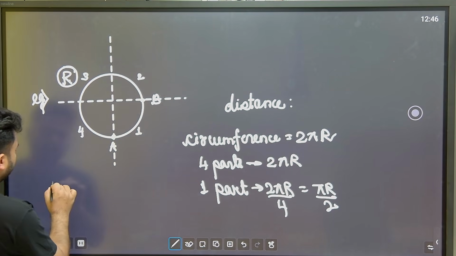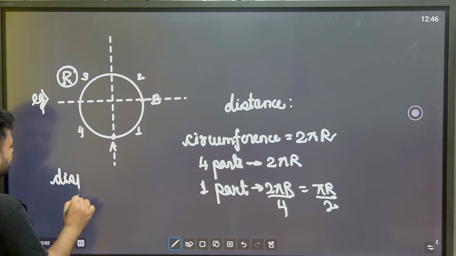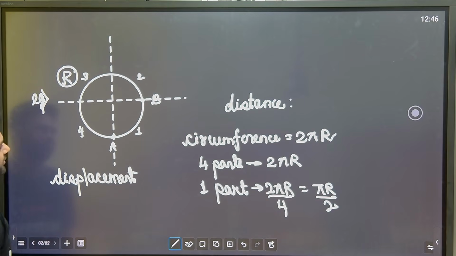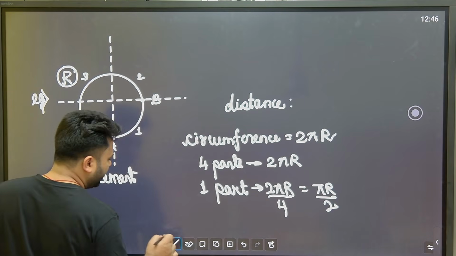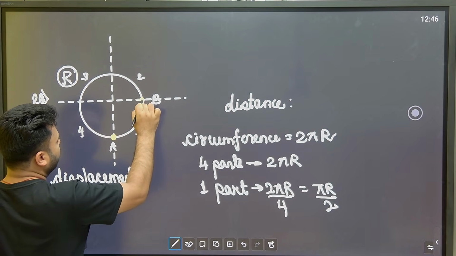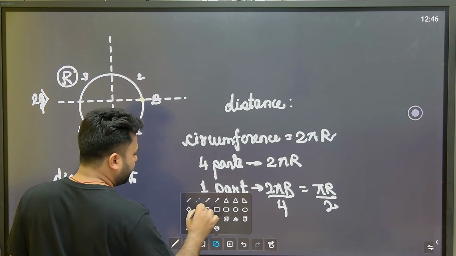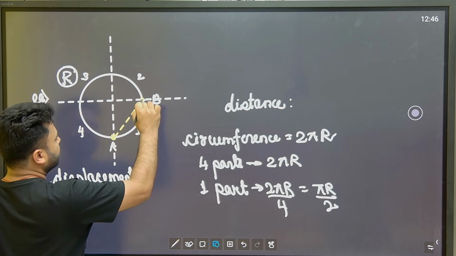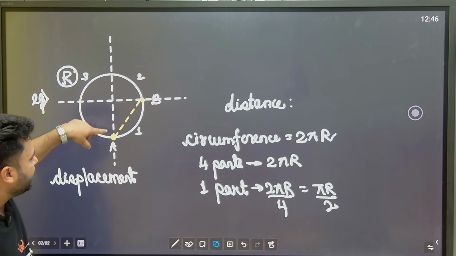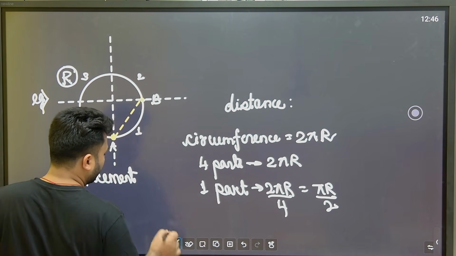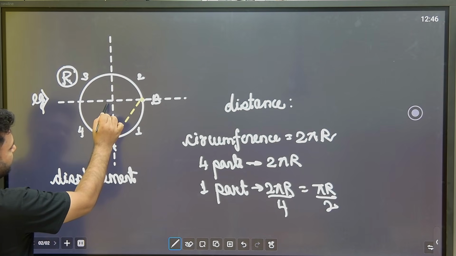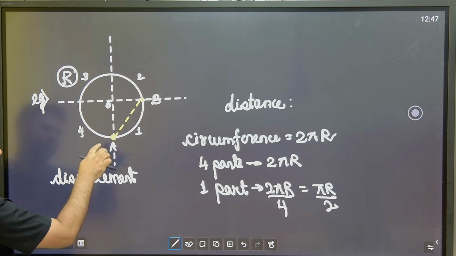Someone asks what will be the displacement? Again, you mark the initial point, mark the final point and join them like this. This dotted line is your displacement. Now how to calculate? Suppose this is O, the center.